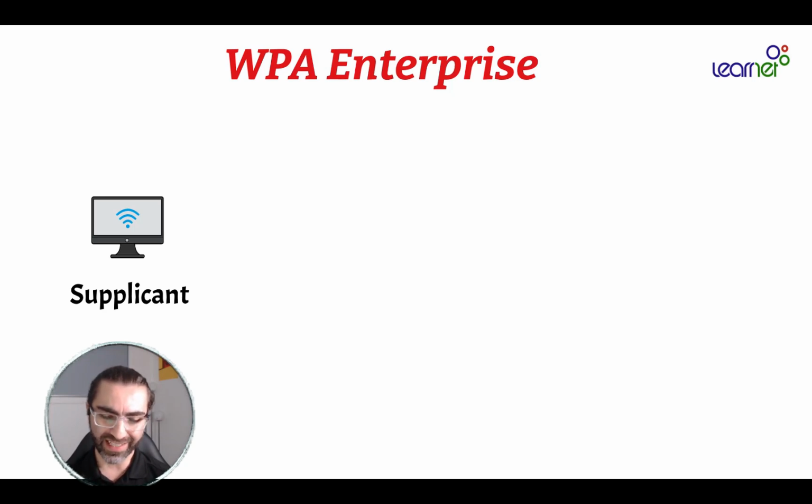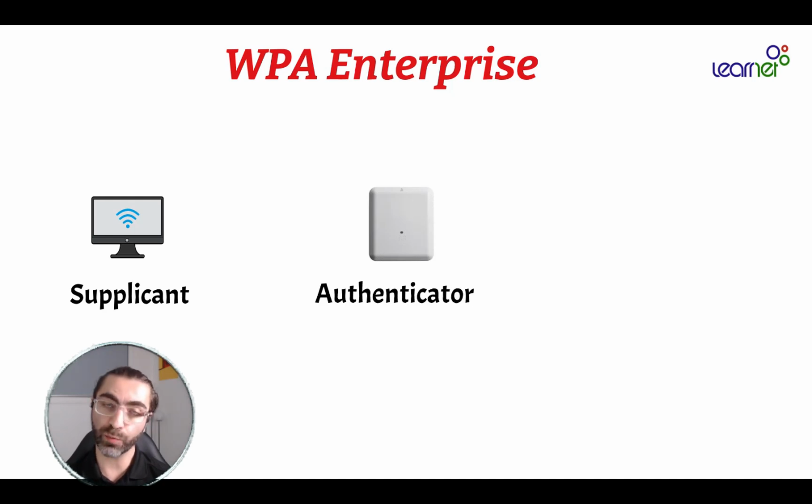As I mentioned before, in WPA Enterprise, we leverage 802.1X. In 802.1X, we have three main components. The first one is called the supplicant, which basically is your endpoint that wants to connect to the network. The second item is called the authenticator, which is your network device, which can be your access point, your wireless LAN controller, or in a wired network, it can be your switch.